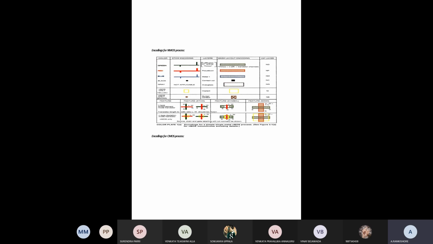So these are the formats we have to use while drawing the stick diagram and the layout diagram.